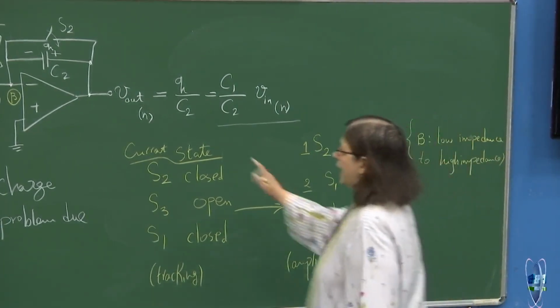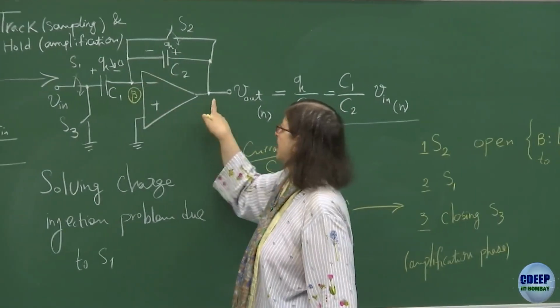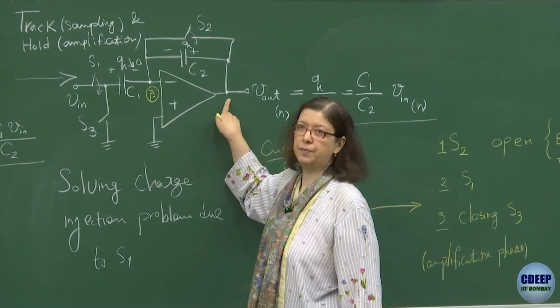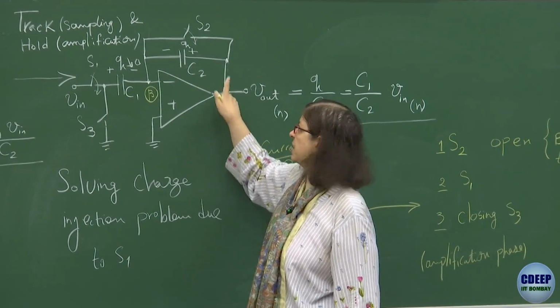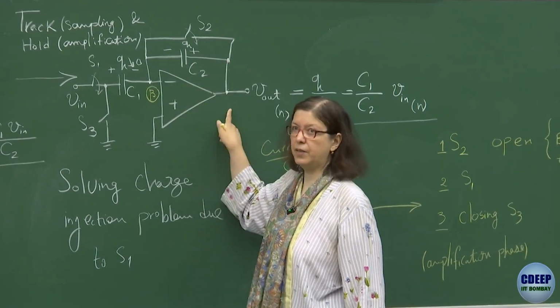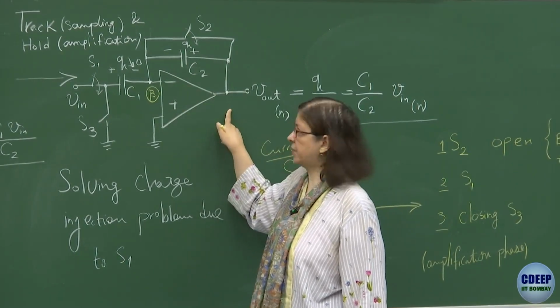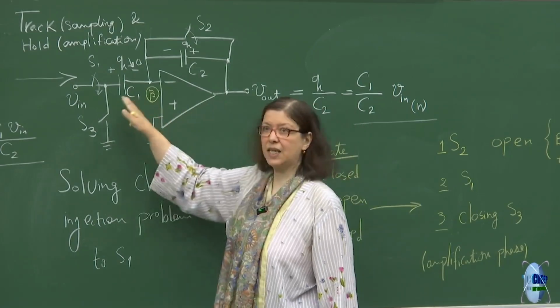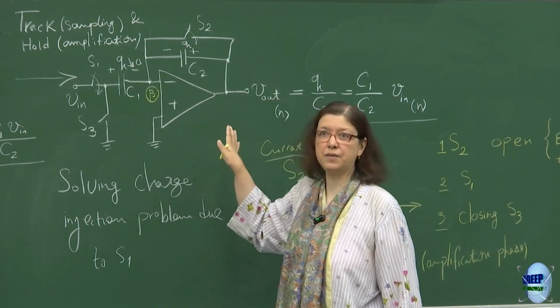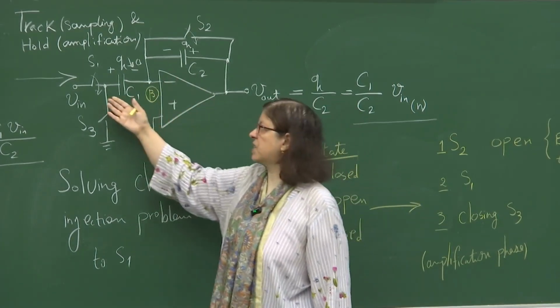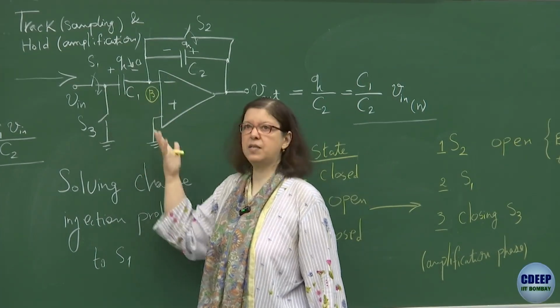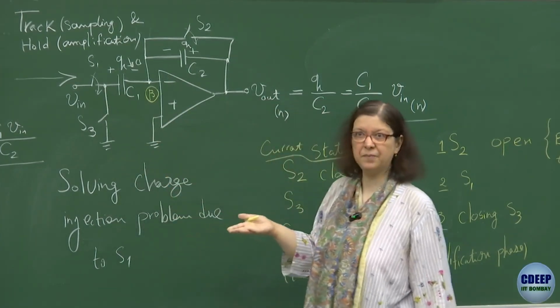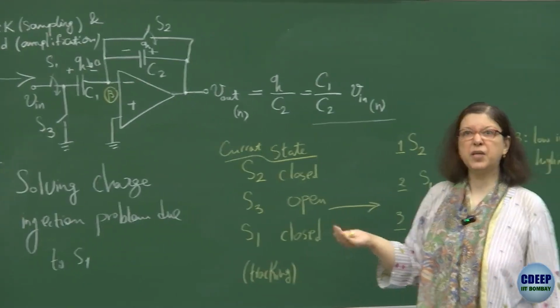Because if it is closed, this node is connected to the output of the op-amp. So the output of the op-amp with a unity gain feedback around it will give you a low output impedance, right? Therefore, it is exactly the same as the sampling phase. So the charge which is coming from S1 will stay on C1 as a part of VE, right? So therefore, it becomes a part of VE.